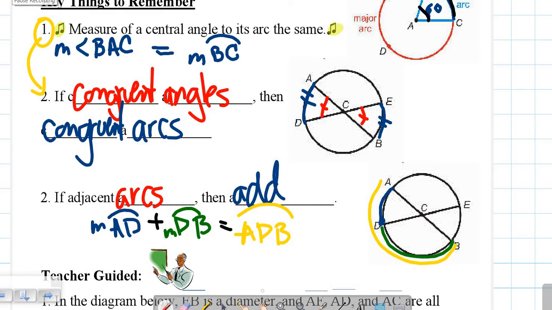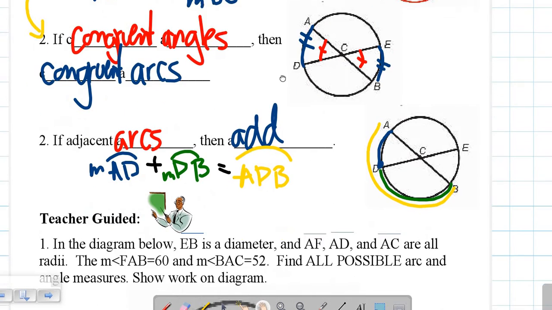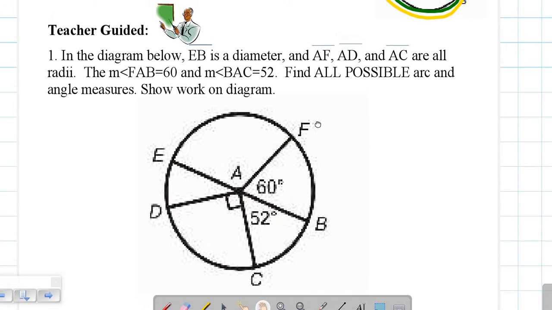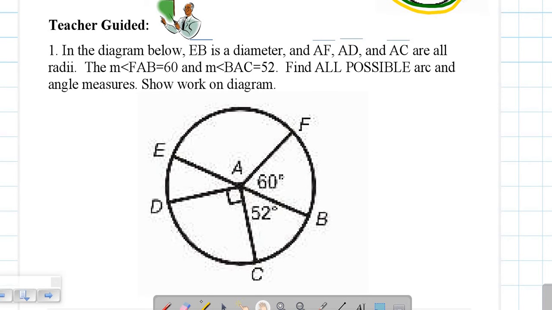Now, keeping in mind these three things, we're going to do a problem here, and I'm going to introduce a very simple but very critical concept. In the diagram below, EB is a diameter. Super important: all diameters, trace, stretch, sweep.